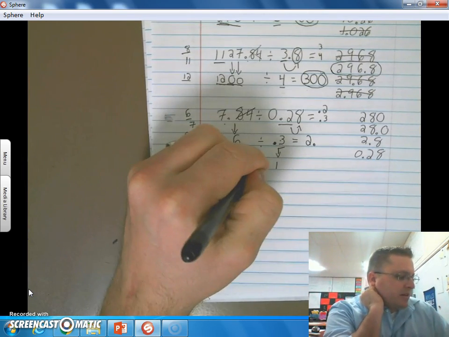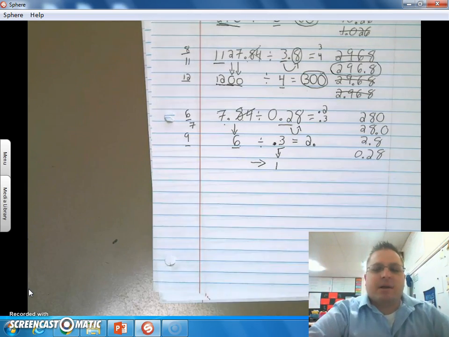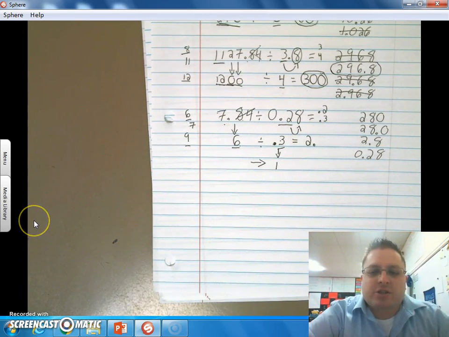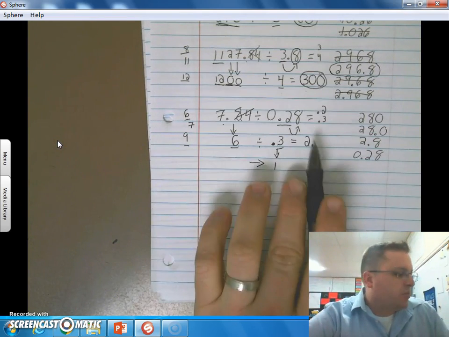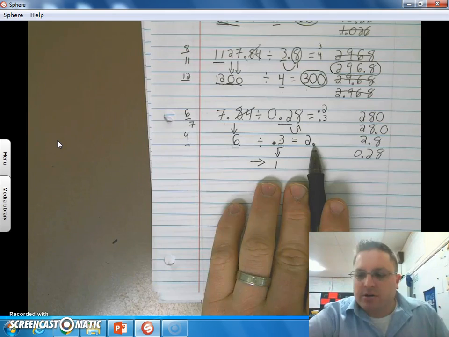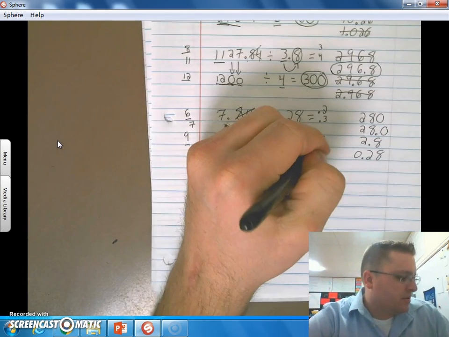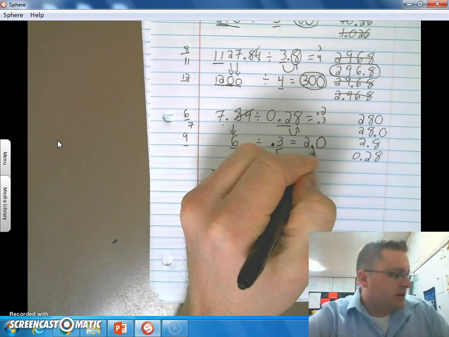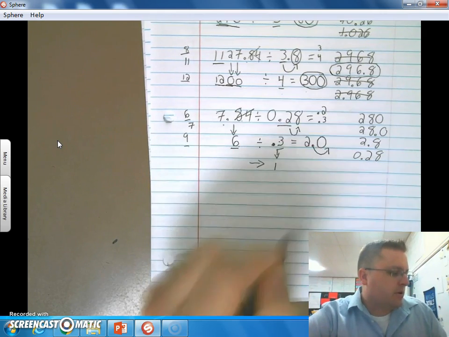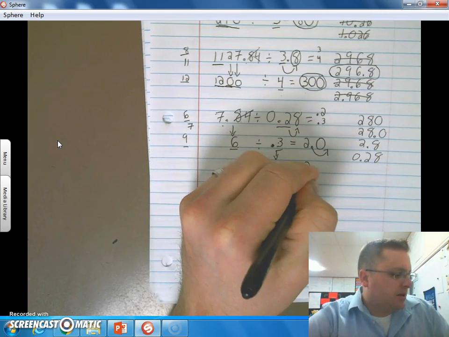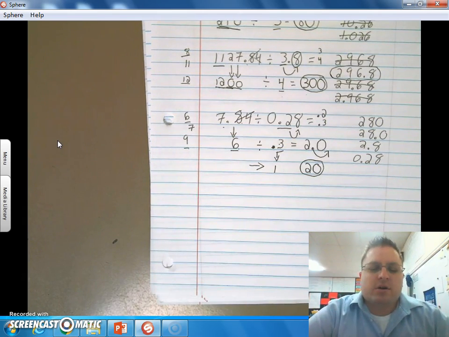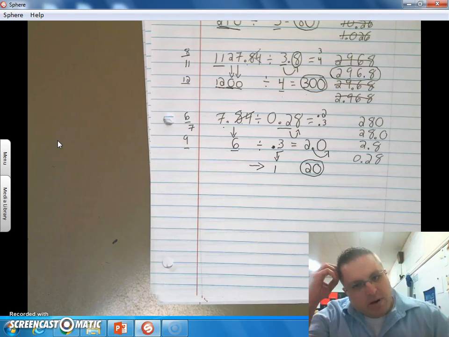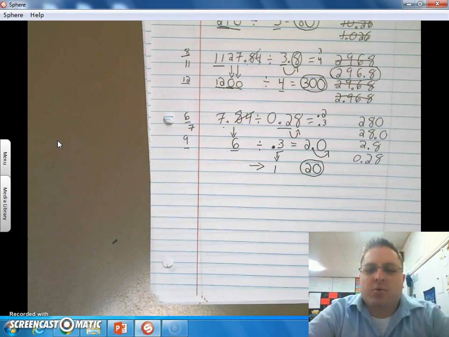So remember, that tells me I'm going to have to go in my quotient and jump one place value to the right. On my 2 point, I had no number, so I add a 0, and then I jump to the right. And I end up with the number 20. So I'm estimating that 7.84 divided by 0.28 should be 20.